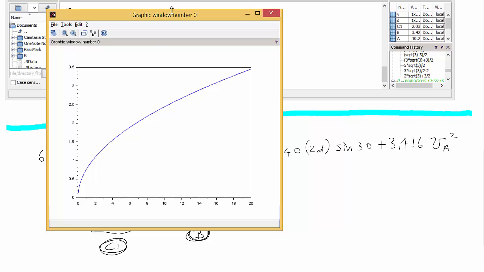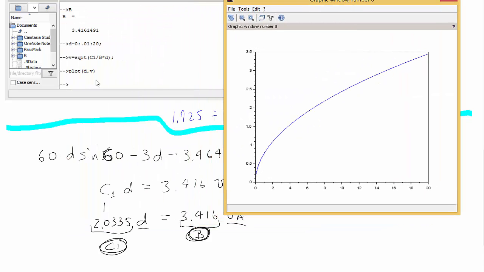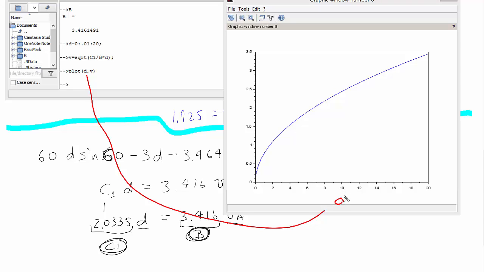Okay, so what you get here, let's see if I can put a label on it. D is on the axis here. The velocity is here. So in other words, if I'm seeing this correctly, this was my X. So this is the distance it moved, and this is the velocity.